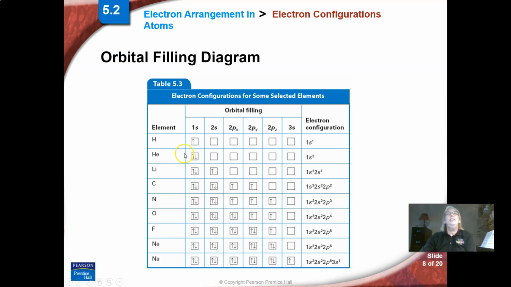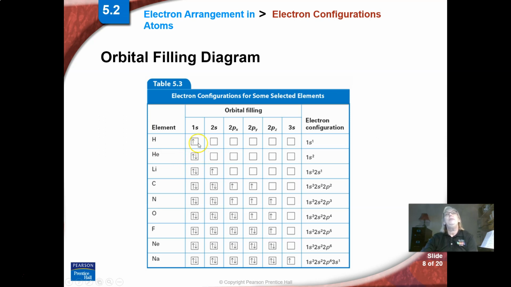If you look here, hydrogen has 1 electron, and it goes in this lowest level, the first energy level, and there's 1 electron in the s. It's spinning one direction. Once we get to helium, element number 2, it's got to have 1 electron spinning one way and 1 the other way, because remember, s's will hold 2 electrons.